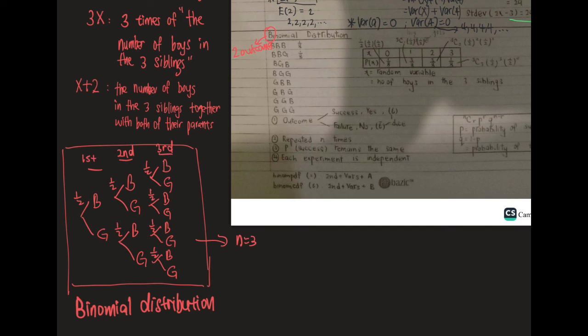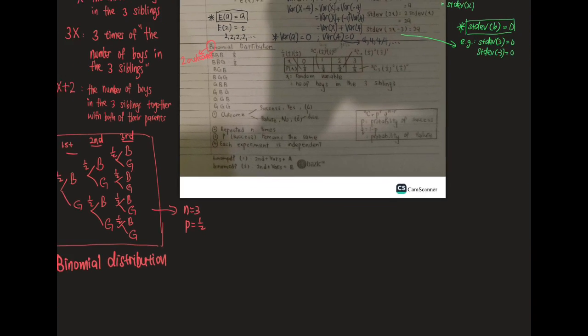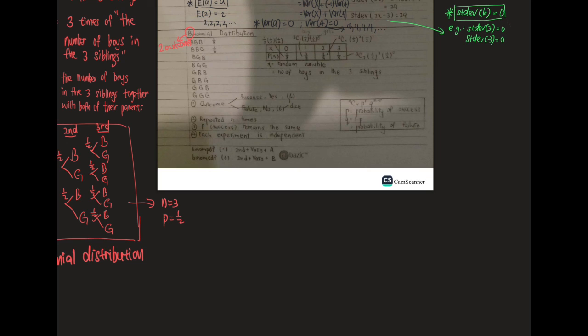Okay, so we call it P, 1/2, which is written there at the side. Probability of success, 1/2. And then you can use binomial. And then Q, probability of failure.